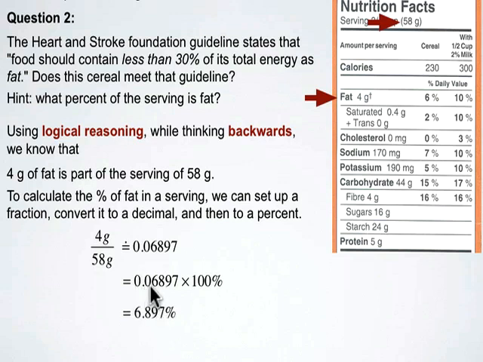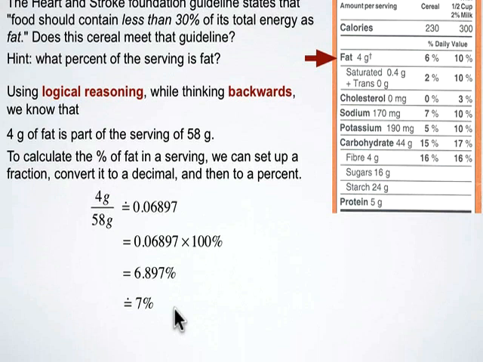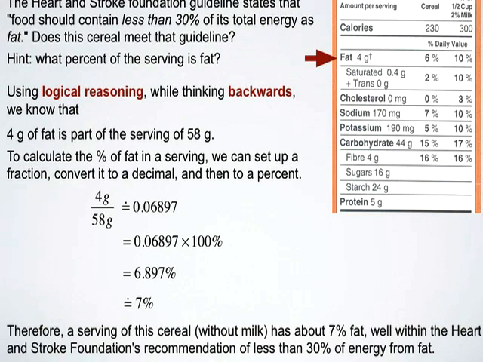So we get 6.897, which is approximately 7 if we round to the nearest whole number. There's our 6. We look at the 8, which is greater than 5, so the 6 rounds up. Therefore, a serving of this cereal without milk has about 7% fat. So it's well within the Heart and Stroke's recommendation that it be less than 30% of the serving from fat.